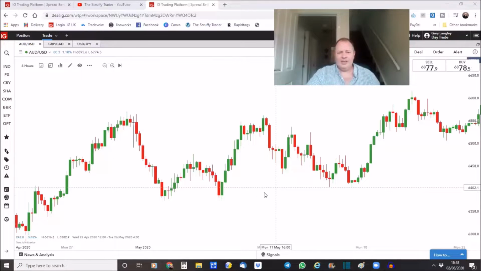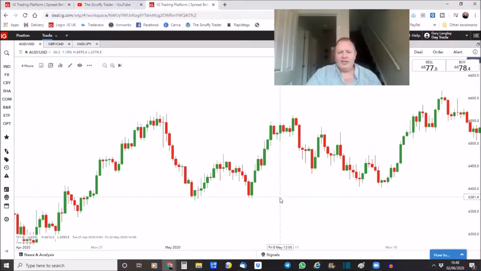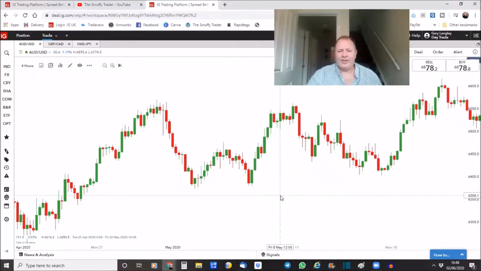And what you're mainly looking for is a retracement from that move. So if your overall thesis is long, as you can see it's moved up, it hasn't gone to new lows, it's bounced around and it's meandering its way up.